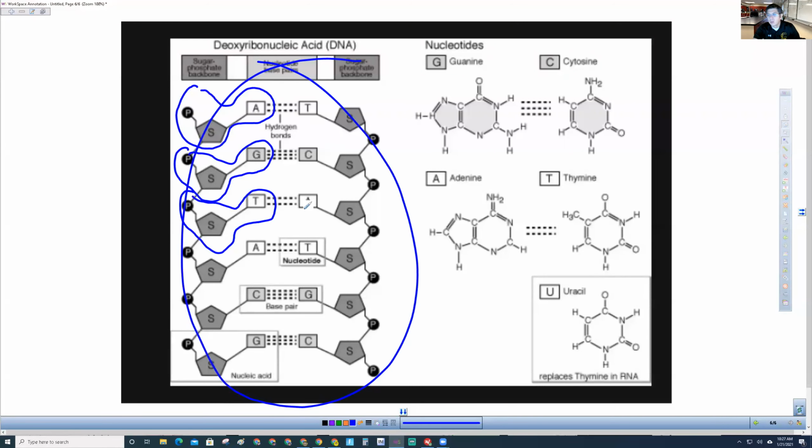Okay, and so this whole thing is what? If each one of these is a nucleotide, then the whole thing is what? DNA. DNA, exactly. So DNA looks like this. It's made out of nucleotides that are connected together. Okay, so that's very important that you guys understand that.